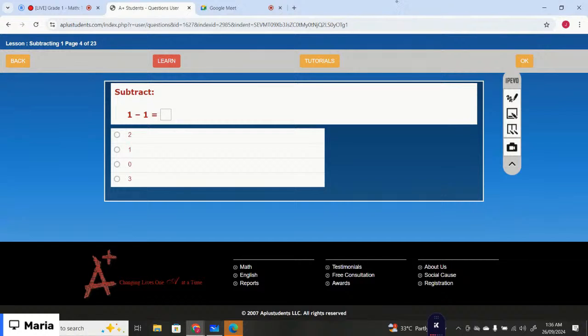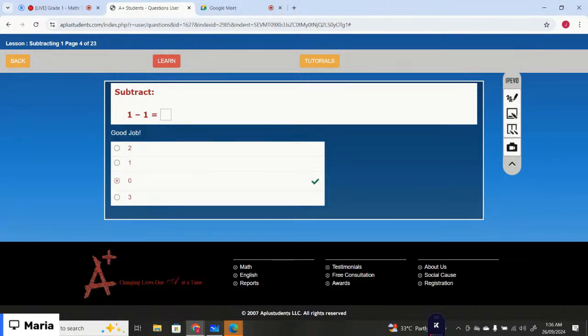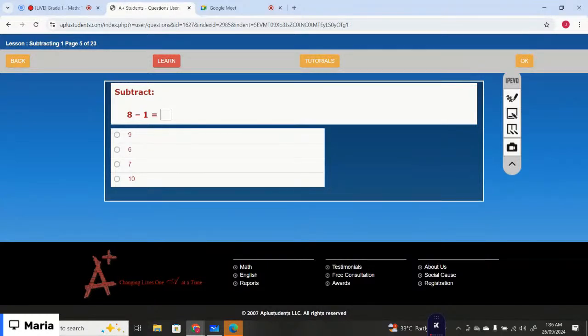The next one is 1 take away 1. Again, you are subtracting a number from itself, right? So subtracting a number from itself always makes a 0. So the correct option is 0. The next one is 8 take away 1.